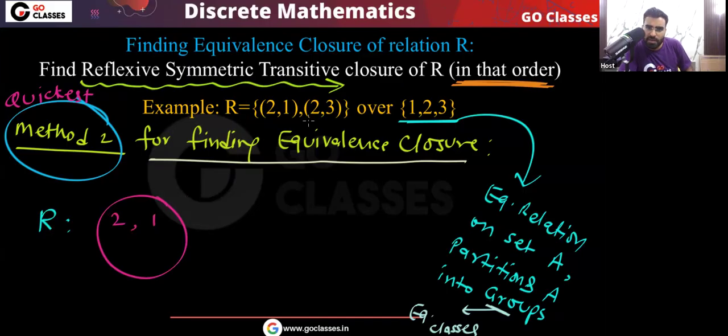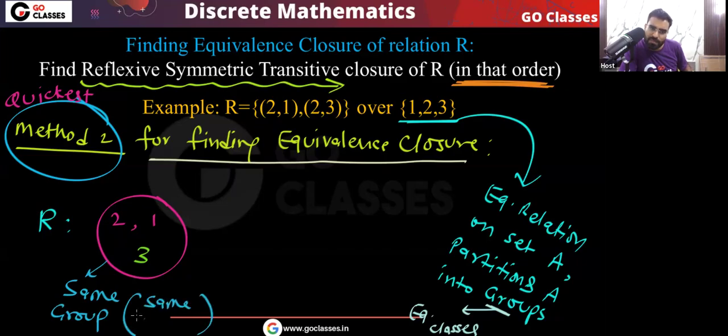Also, you notice 2 is related to 3. So 2 comma 3 will be in the same group. Now, did you notice that 2 comma 1 comma 3 are in the same group? Same group, or I can say the same equivalence class.